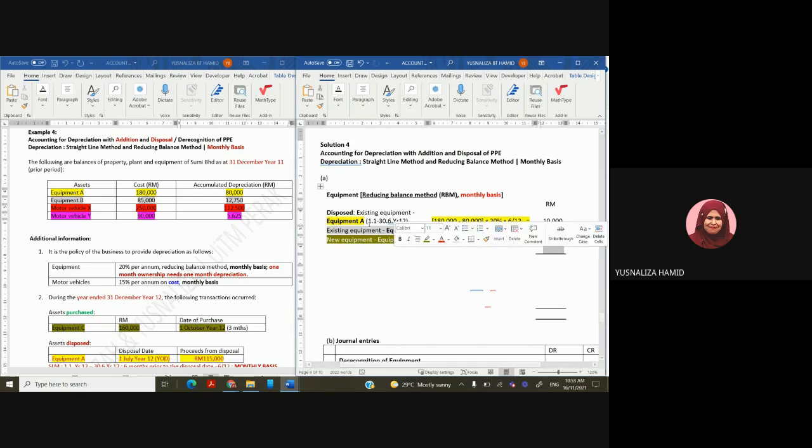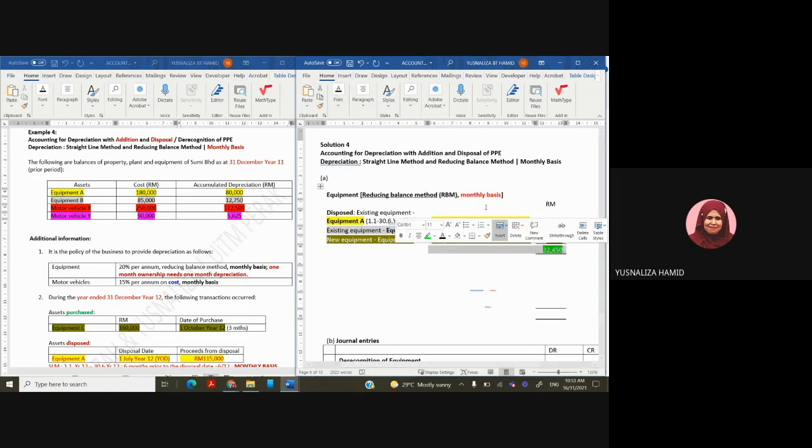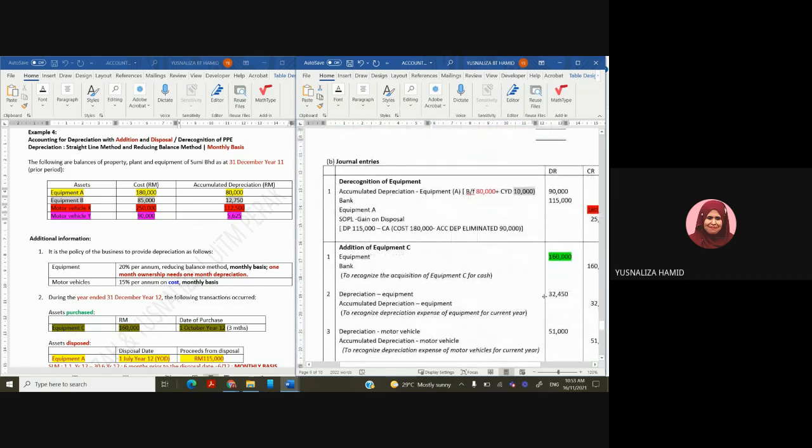And with that, the total here would be 32,450. And this 32,450 is actually the total current depreciation for all equipment that you have. And that is the one that you will record here in this journal entry.